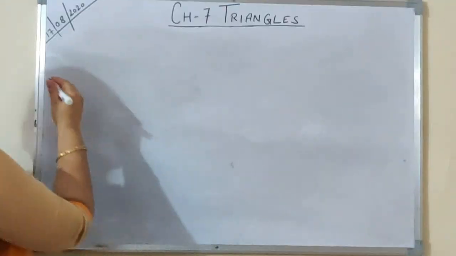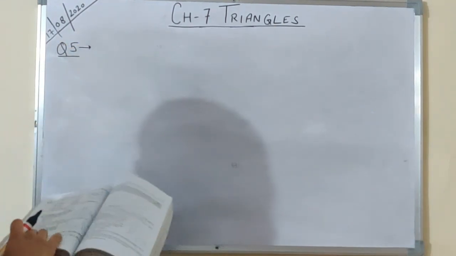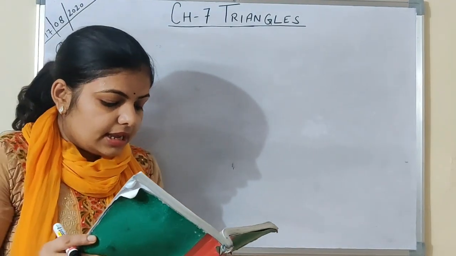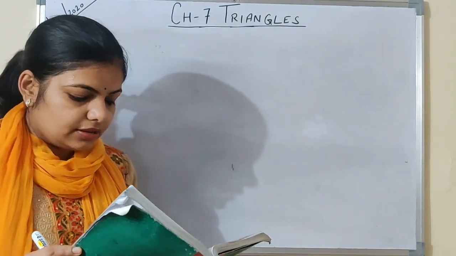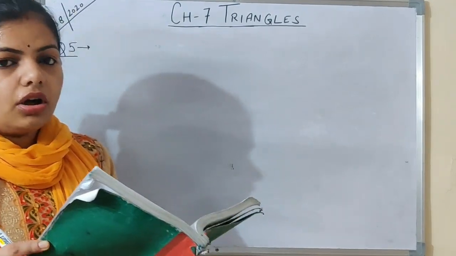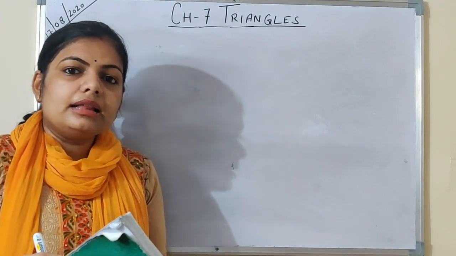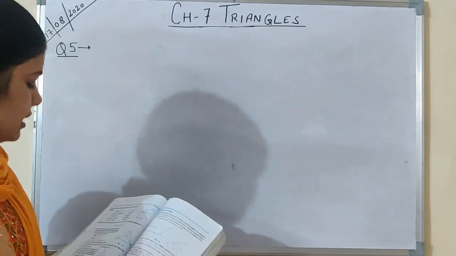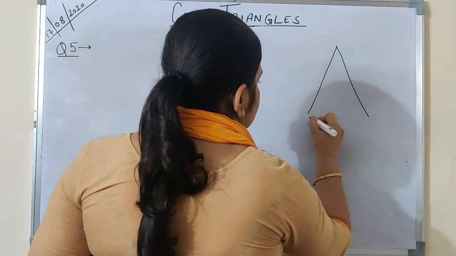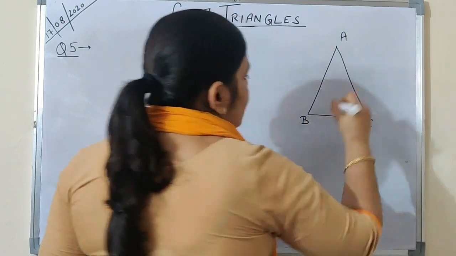Now we are doing question number 5. Again, first I am reading the question. The question says that ABC is an isosceles triangle with AB equal to AC. Draw AP perpendicular to BC to show that angle B is equal to angle C. So a triangle is given to us, named ABC.